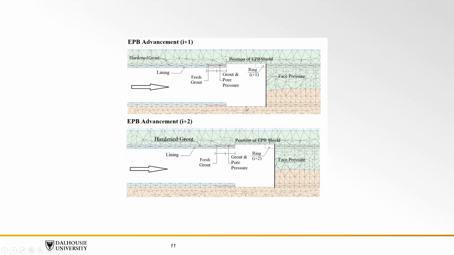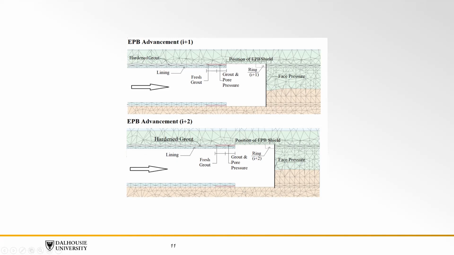As the machine progresses stepwise and installs the new liner ring, the grouting continues. We start with fresh grout, and then as it proceeds, this grout will be hardened, so it will be assigned the hardened grout properties. Then the process just repeats till we finish it.